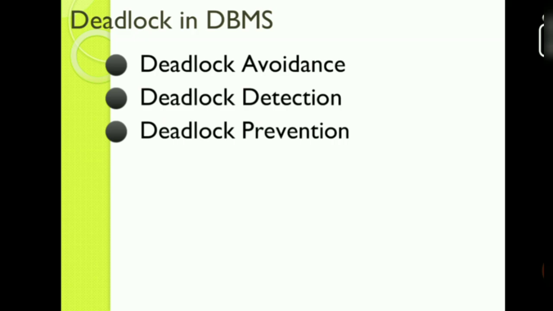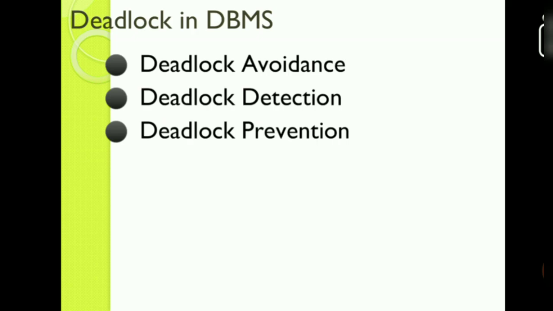So the deadlock avoidance mechanism is used to detect any deadlock situation in advance. A wait-for graph can be drawn to detect the deadlock situation, but a wait-for graph is useful only for smaller databases. For large databases, the deadlock prevention method can be used.